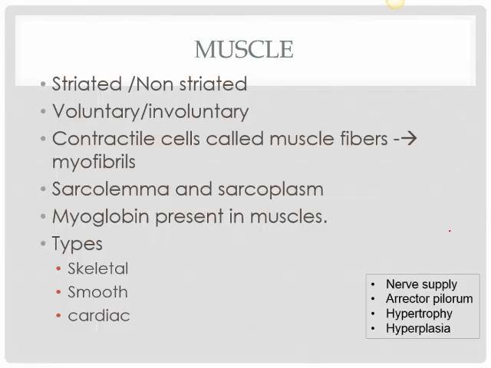There is another term which is called hyperplasia, which is increase in number of fibers. Hyperplasia does not happen physiologically in us, in most muscles. So again, to give the same example, when you work out in the gym and build up your muscle, hypertrophy is what's happening, not hyperplasia.